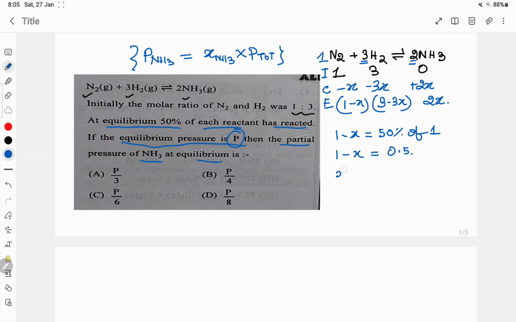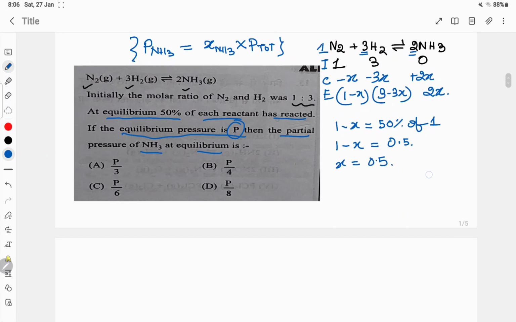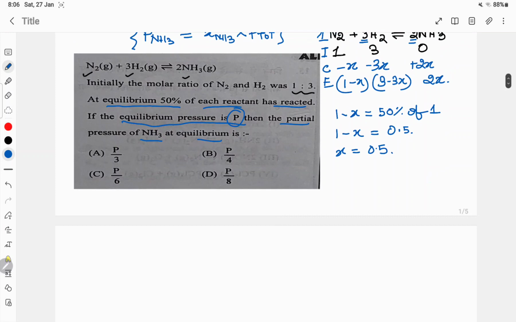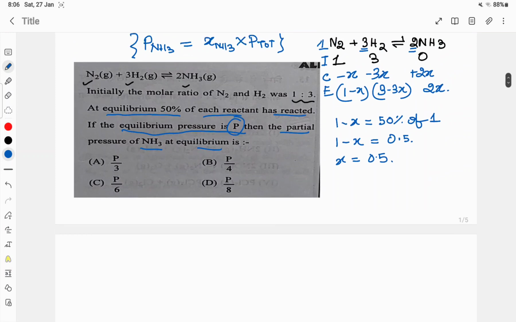Okay, so x is equal to 0.5. Then the number of moles of nitrogen will be 1 minus x. So let's find it right here.